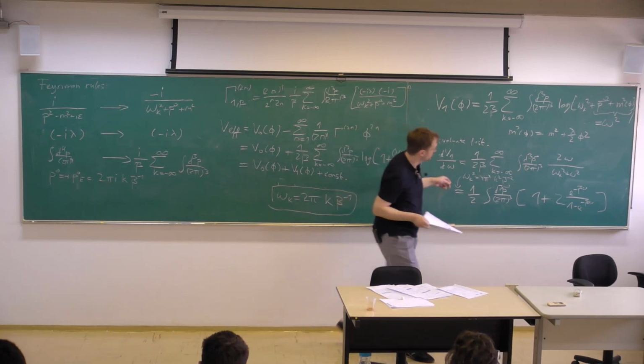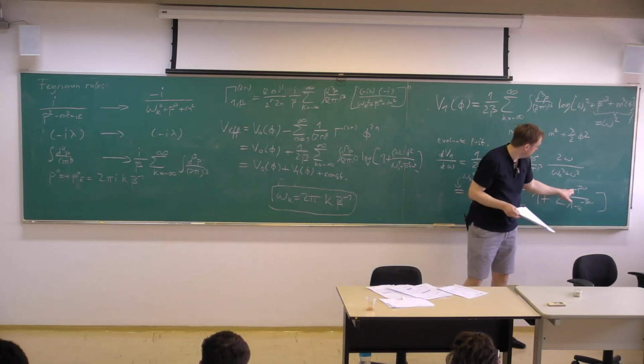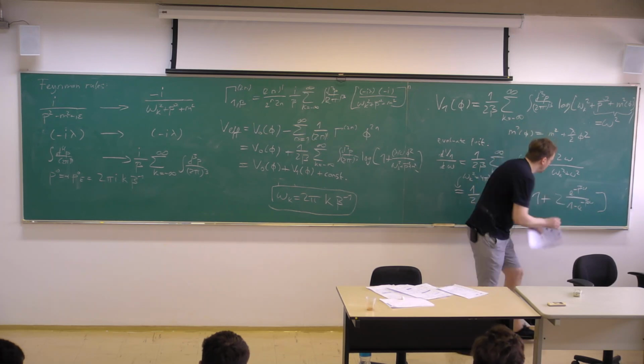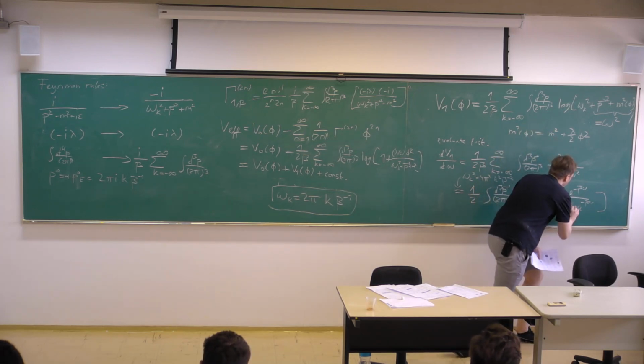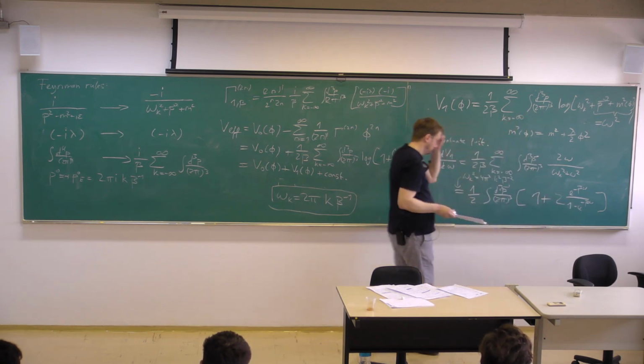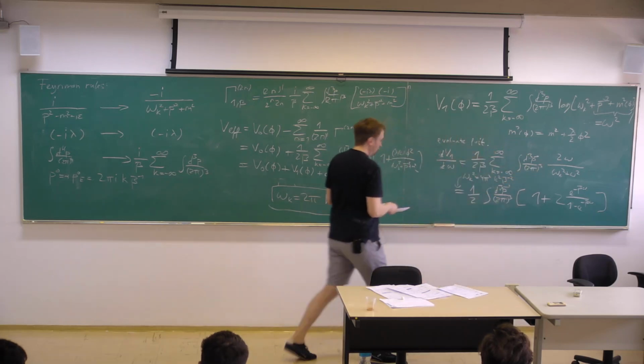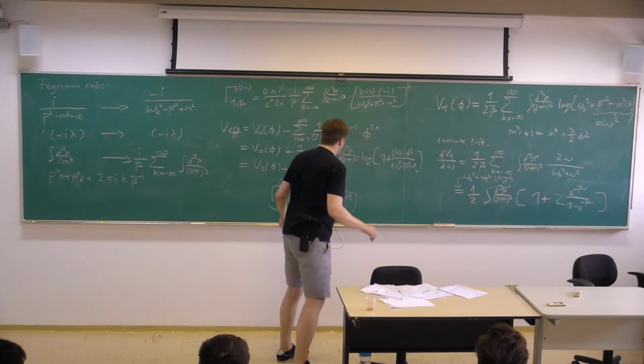So it sums to this expression here: 1 plus 2 times e to the minus beta omega over 1 minus e to the minus beta omega. Maybe a bit surprising because it looks a bit ugly, but that's what happens.